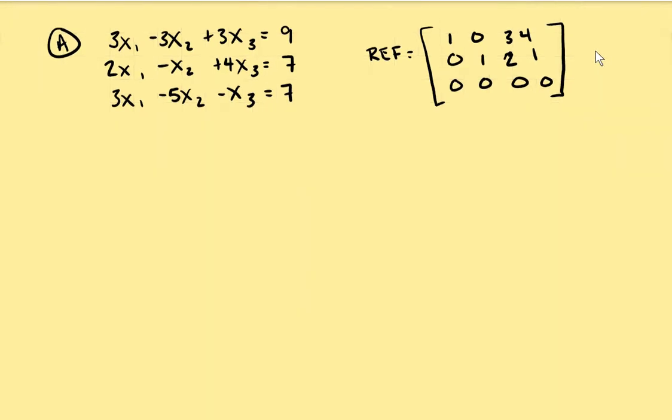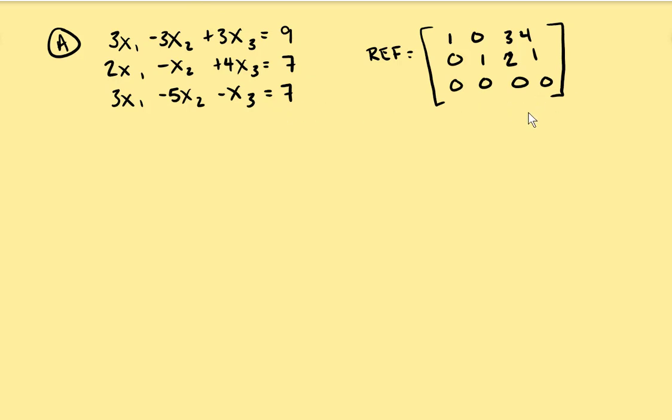So we've got this system: 3x1 minus 3x2 plus 3x3 equals 9, 2x1 minus x2 plus 4x3 equals 7, 3x1 minus 5x2 minus x3 equals 7. If you write down the augmented matrix for this system, just the coefficient matrix with this right-hand side augmented to it, and reduce it down to echelon form, you get this matrix.